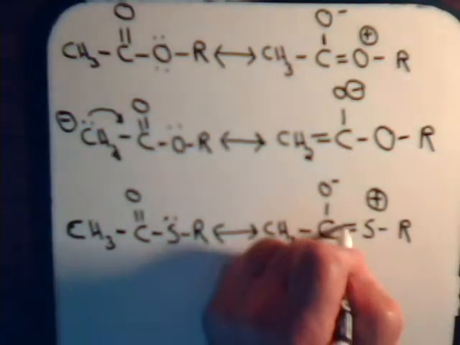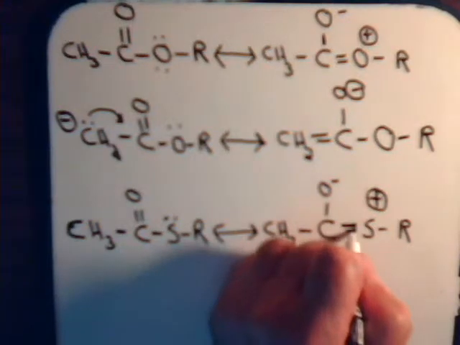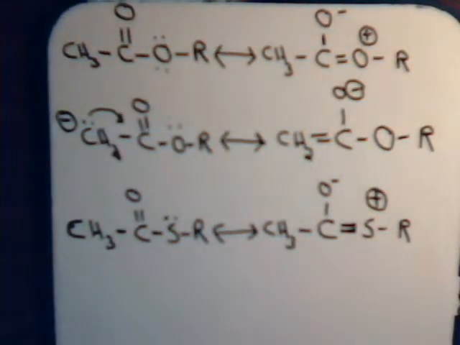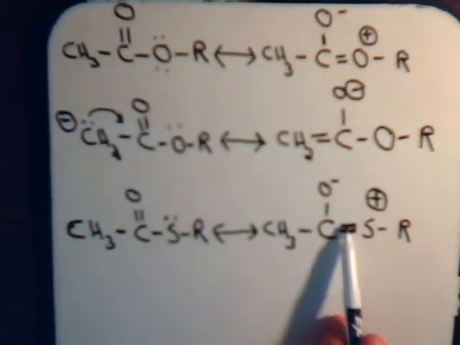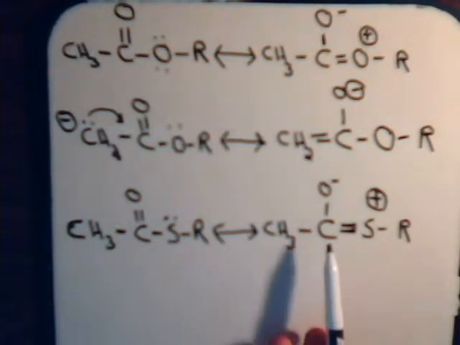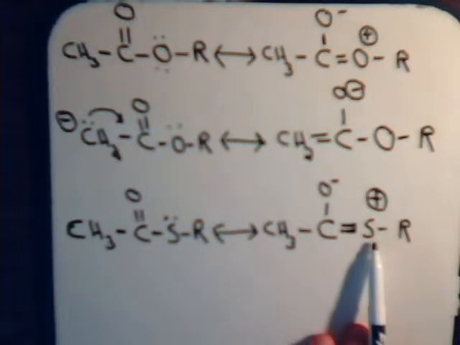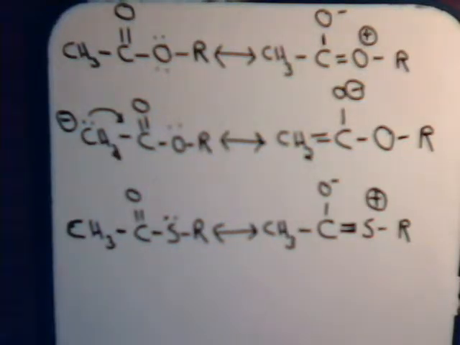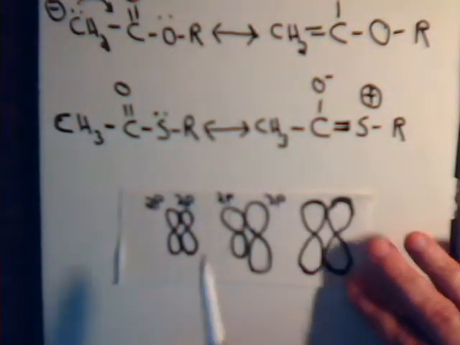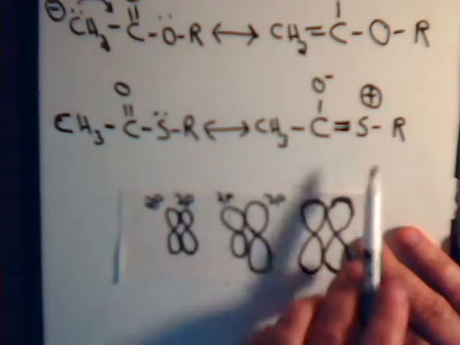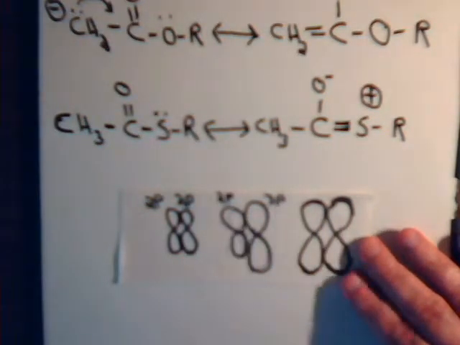But there's a problem here. And as we discussed in video number 25, here we would have a pi bond between carbon and sulfur. But now, for the carbon, its subshell is the 2p subshell. For the sulfur, it's the 3p subshell.